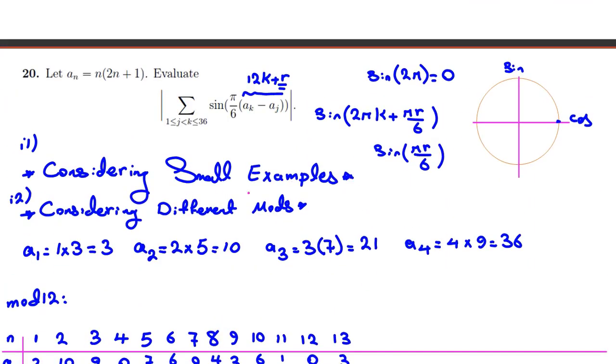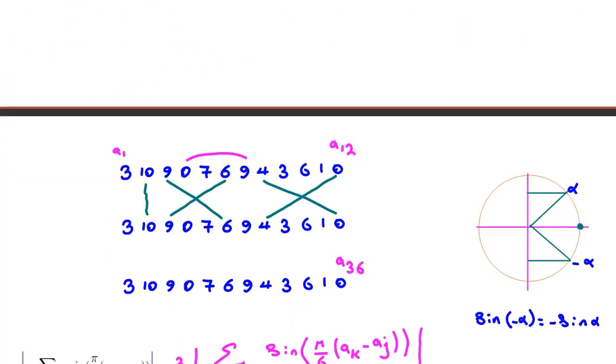We've used considering a small example, considering different mods, and some trigonometry and geometry formulas that you should learn. So let me write some homework and some other trigonometric formulas that you should memorize.